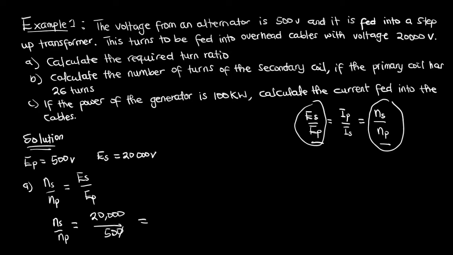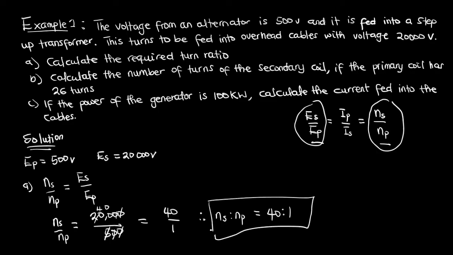These two zeros will cancel, and then 5 goes into 200 40 times. So we have 40 is to 1. Therefore, our turn ratio, the number of turns in the secondary to the number of turns in the primary, is equal to 40 is to 1. This becomes our answer, the turn ratio, 40 is to 1.